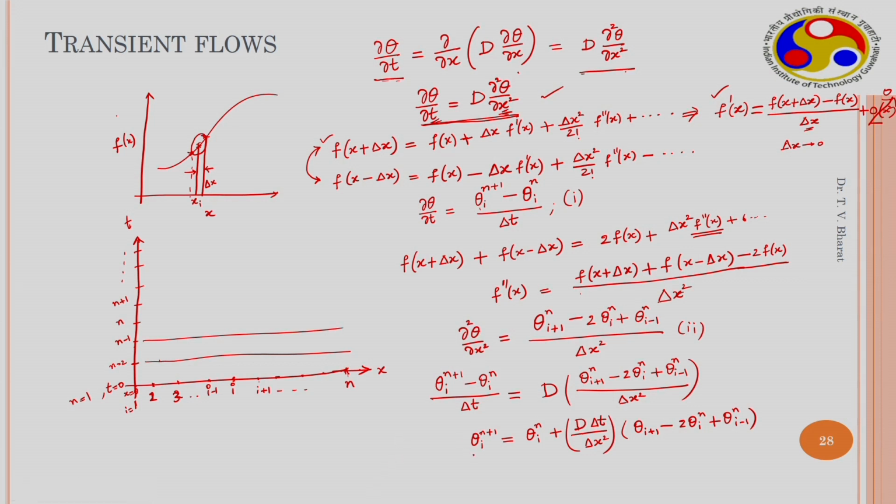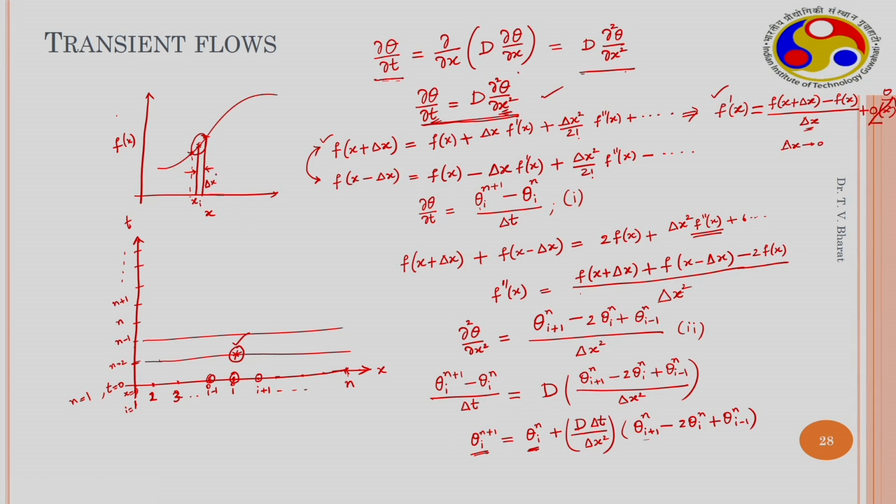Now if you closely observe theta I at n plus 1, for example, if n is equal to 1, at the second interval ith level, this point is calculated using theta I at nth level, that is this particular point, and theta I plus 1 at nth level, that is this point, and theta I minus 1 at nth level, so this is this point. So, using these three different points, this point is calculated.